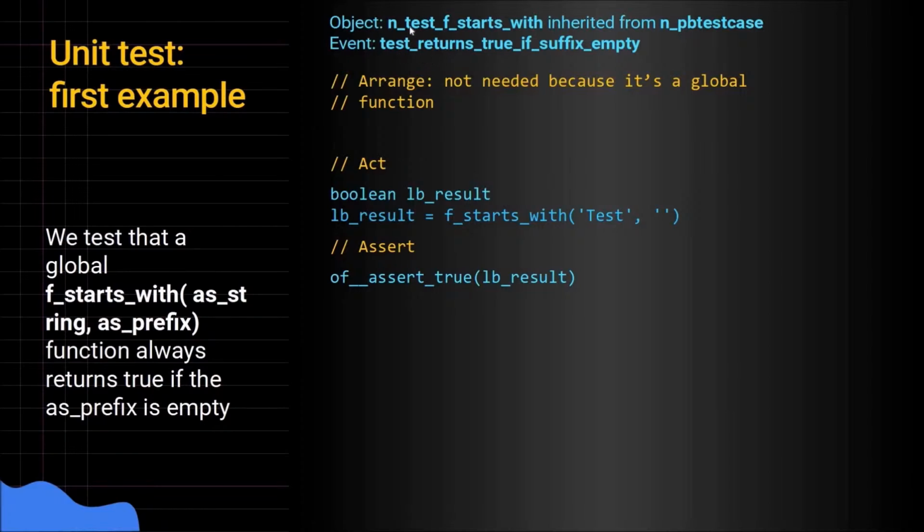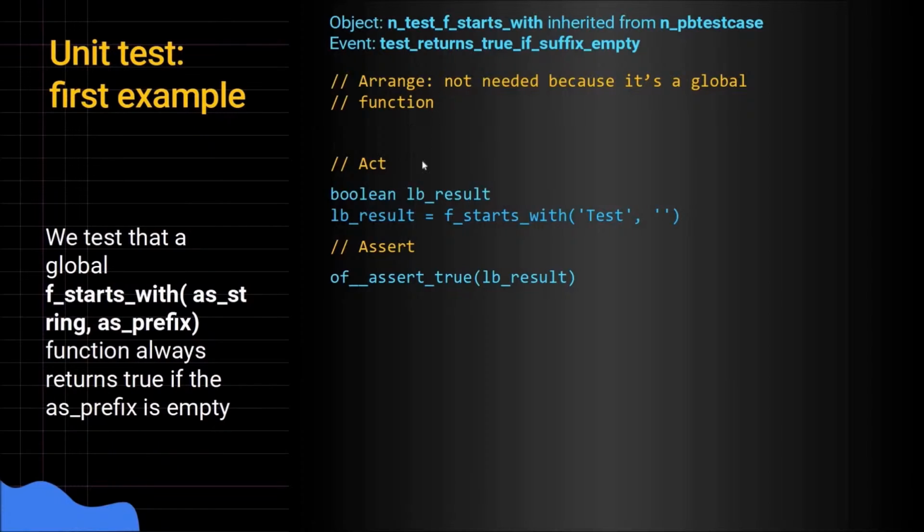So we have to start the name of the event with test underscore, and then we can put a name that tells what kind of test we are doing. We are testing that the function returns true if the suffix is empty.